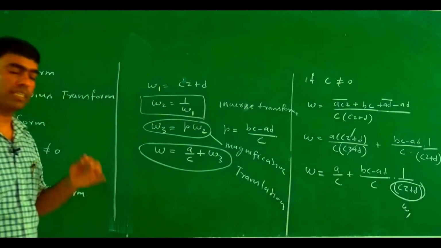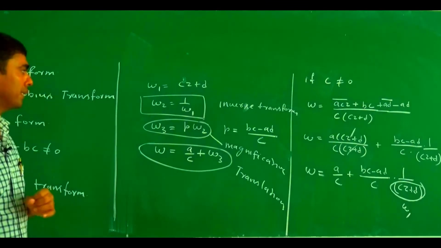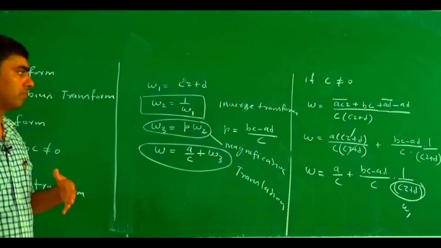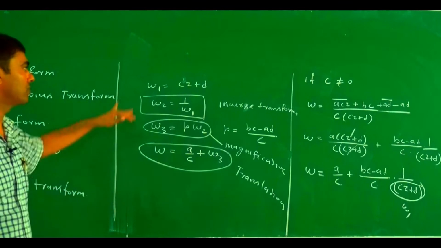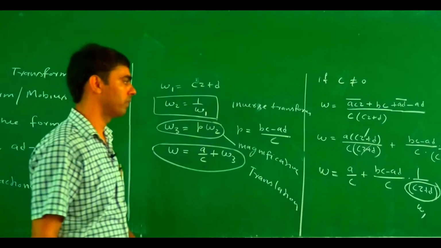So the bilinear transform contains the inverse transform, magnification, translation, as well as this one is a linear transform.